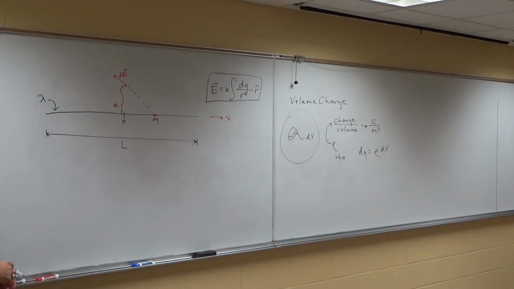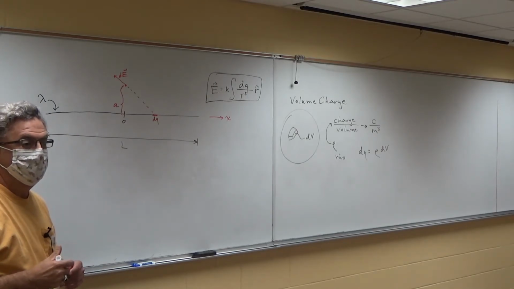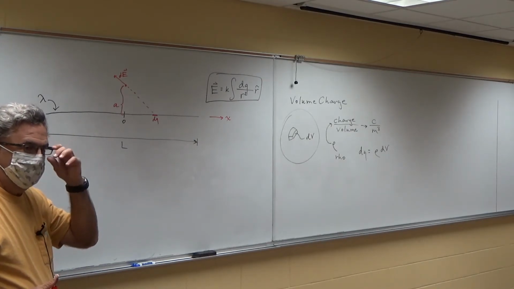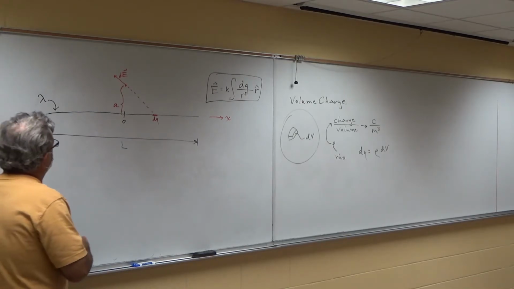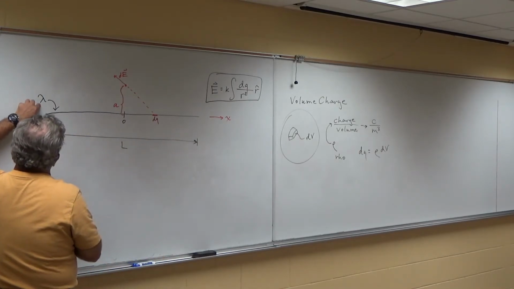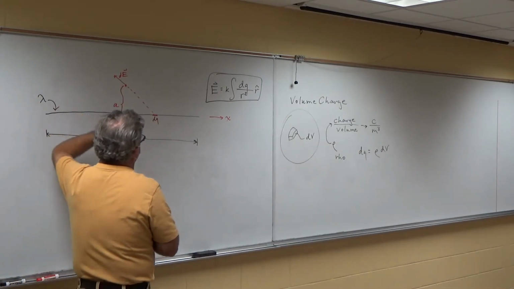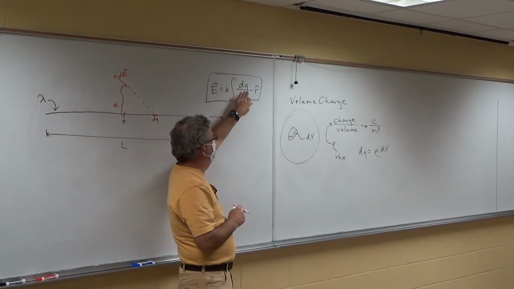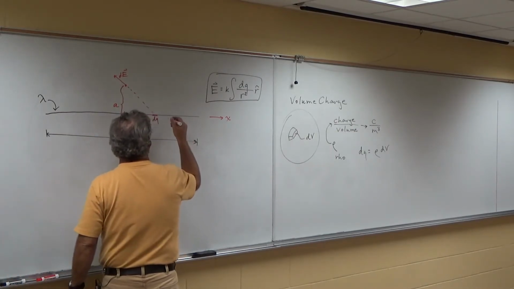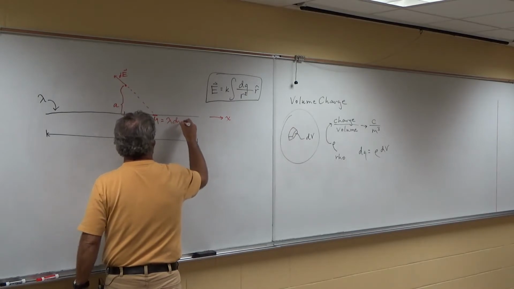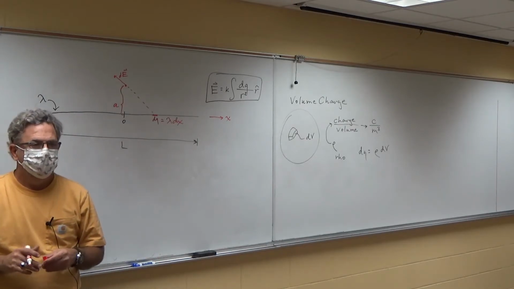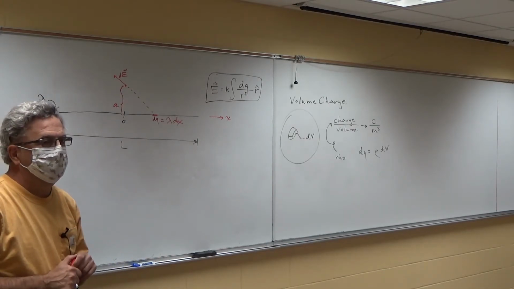We're going to sum over all those little bits. I know that lambda is some charge per unit length, and I need to integrate over the length of this thing. So dq, I already told you, is equal to lambda dx. That's some little bit of length, multiplied by lambda, and I get dq.